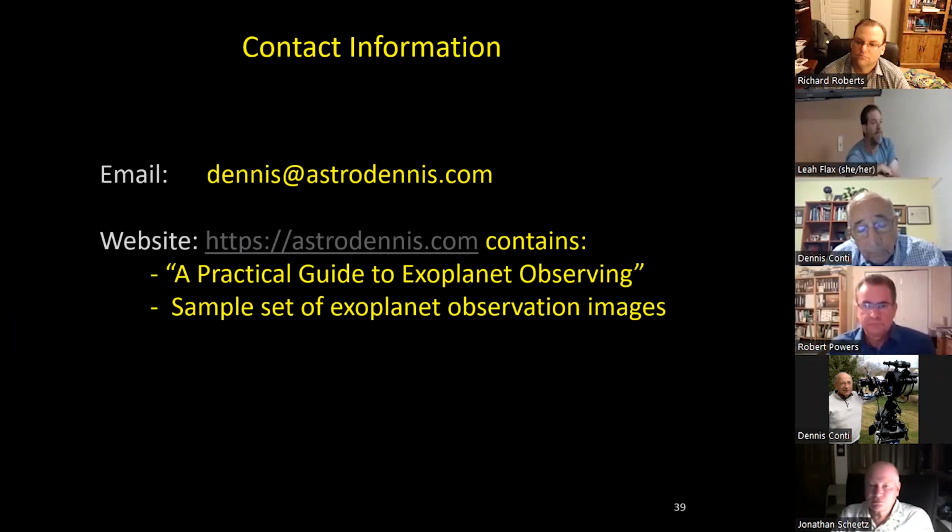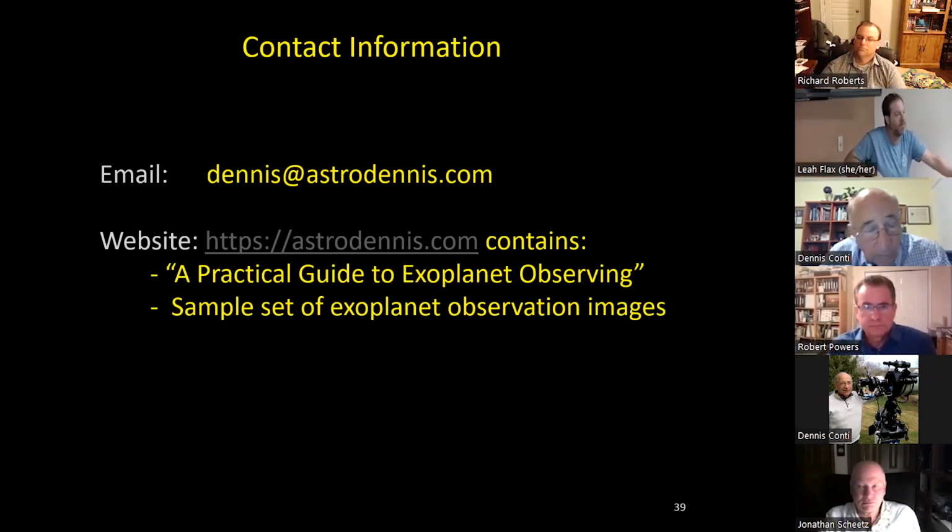Have any of the amateurs picked up a second light curve? In other words, 2 planetary hits? I'm sorry, say again? Have any of the amateurs in the team picked up any 2 light curve hits, so 2 planets orbiting? In other words, oh my God, there's one at one period, another one at a different period? Not that I'm aware of.